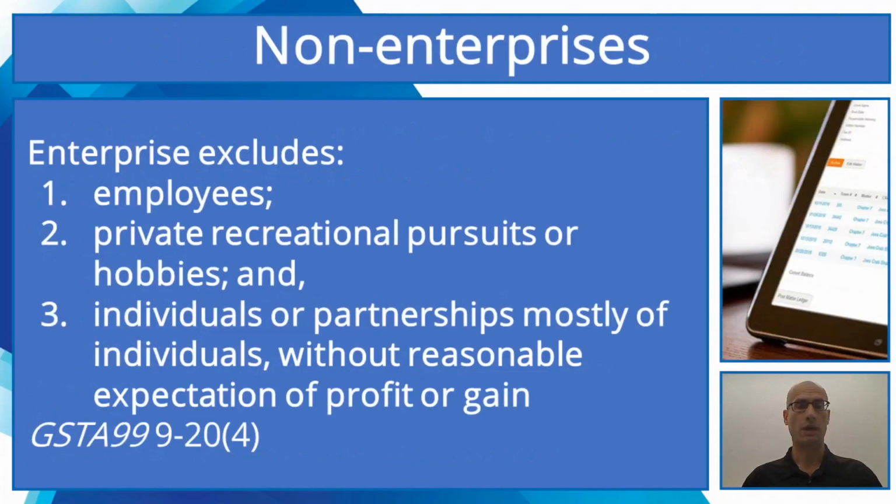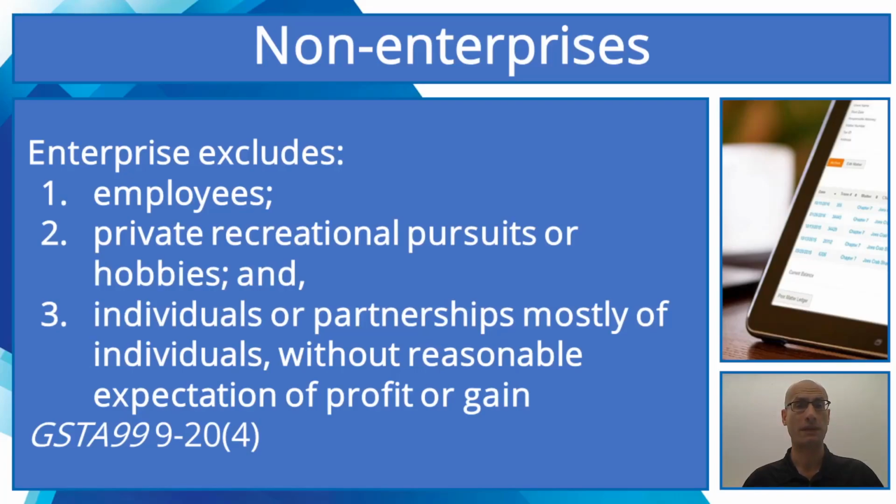While certain types of activities are excluded implicitly in the definition of an enterprise, there are also some explicit exclusions in the legislation as well. And the key one here is employees. An employee is never carrying on an enterprise for the purposes of the GST regime.